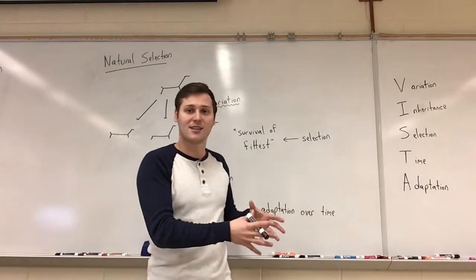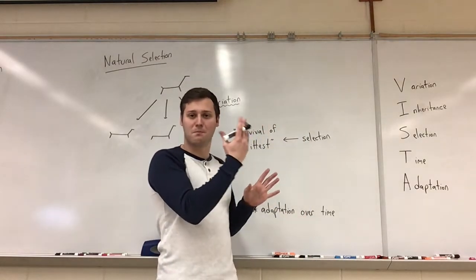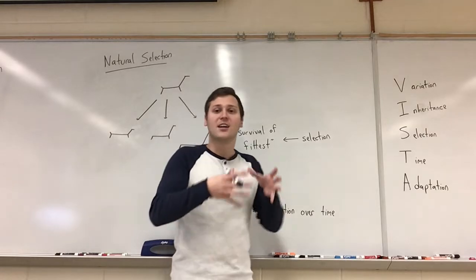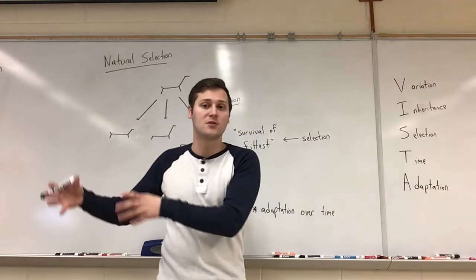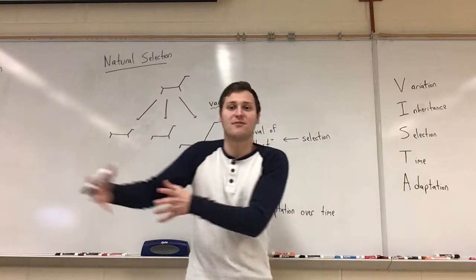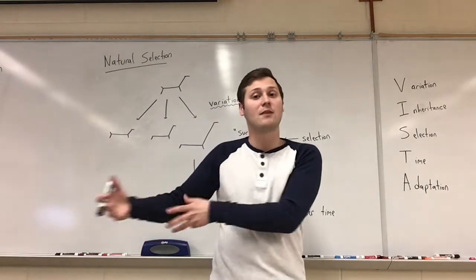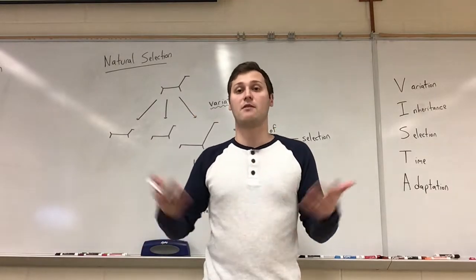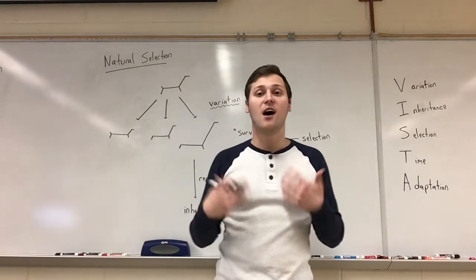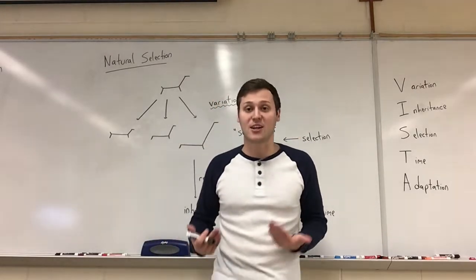So you take the smallest, shortest snouted wolves, you only breed those, and then you keep on breeding the runts of the litter, if you will, and only allow them to breed, and eventually you'll get yourself a pug over many generations of selective breeding, of artificial selection.